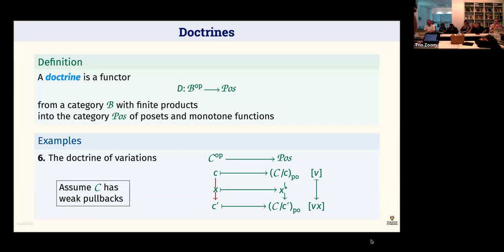Which arrow? I don't care. As long as there is one, there may be many, there are probably very many, making the triangle commute, but it doesn't matter. One.